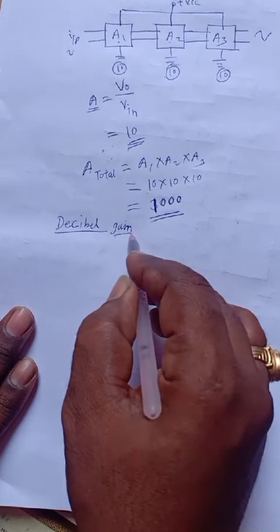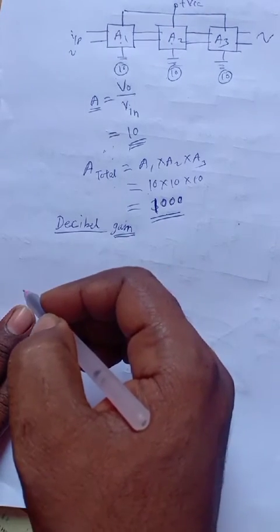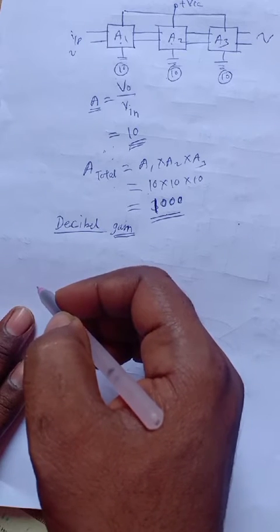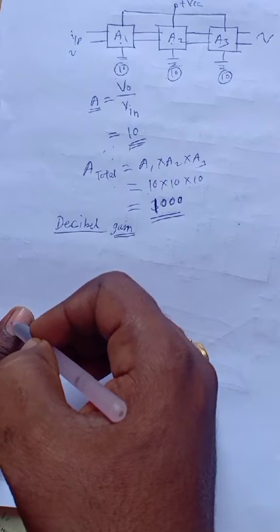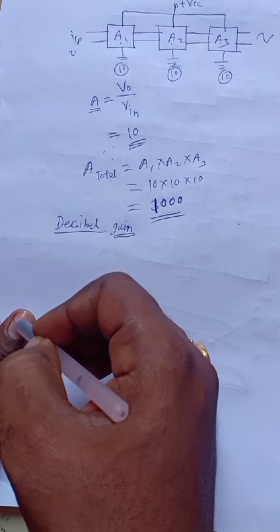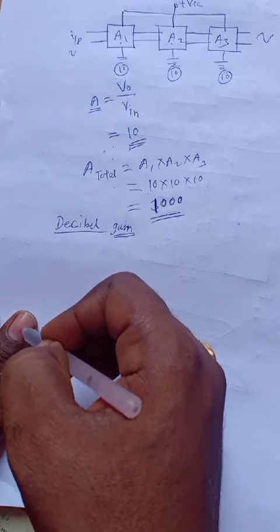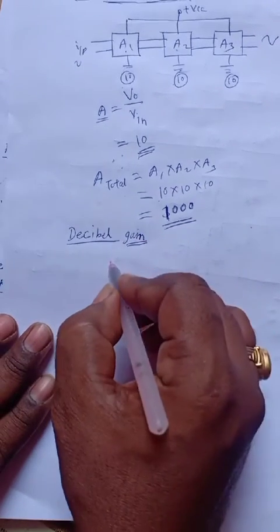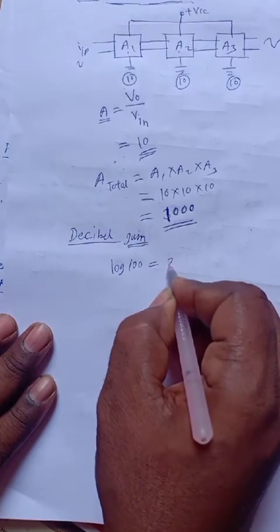That means if the audio sound increases 10 times, our ear feels it has doubled. If the intensity is increased 100 times, then, because log of 100 equals 2, we feel it has increased twice.